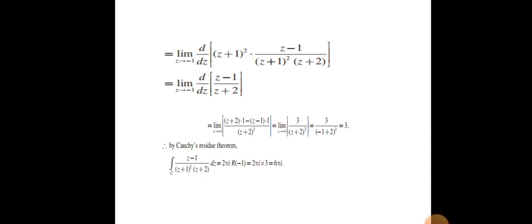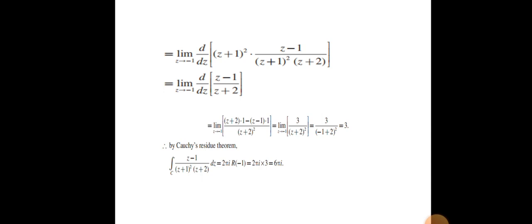Substituting f of z, the z plus 1 the whole square gets cancelled, so we have the term z minus 1 by z plus 2, to be differentiated once.